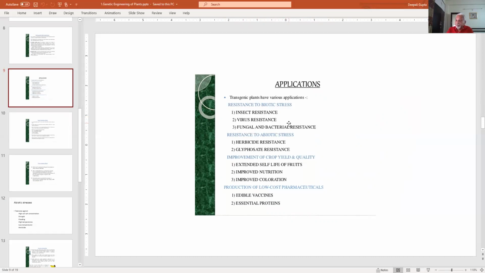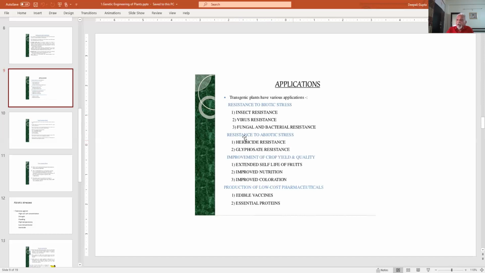Once any of these factors infect the field, it reduces the productivity, and sometimes they result in almost complete loss of a crop. They are so serious. So it is very important that we have crops which are resistant to these factors, so that we can increase the productivity.